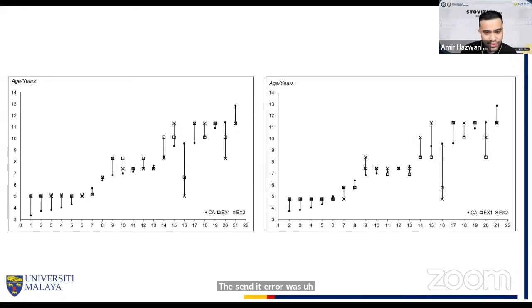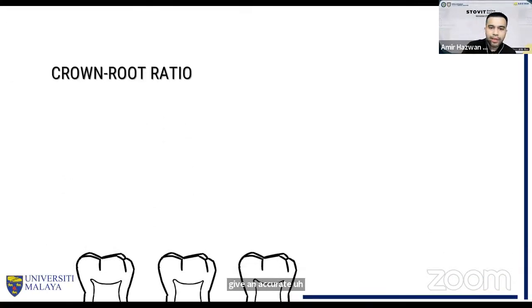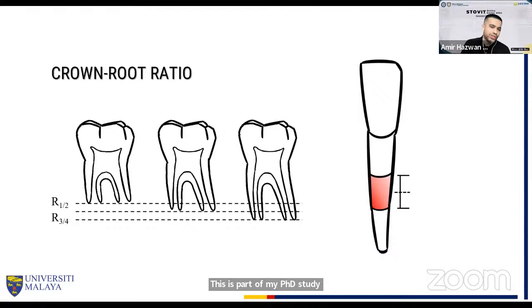For dental age estimation, we want to have the smallest errors possible, so that we are able to give an accurate estimate. This is part of my PhD study, an investigation of crown ratio, where I measured the root length compared to the crown height.